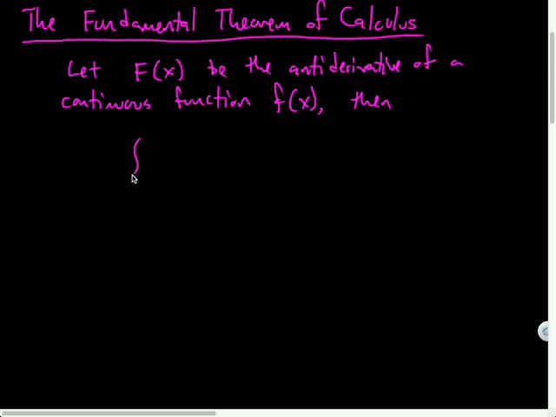Let's see. The definite integral from a to b of f of x dx, right? The thing that we just spent so much time doing work on. Check this out, is done. Drop the mic, walk off stage.